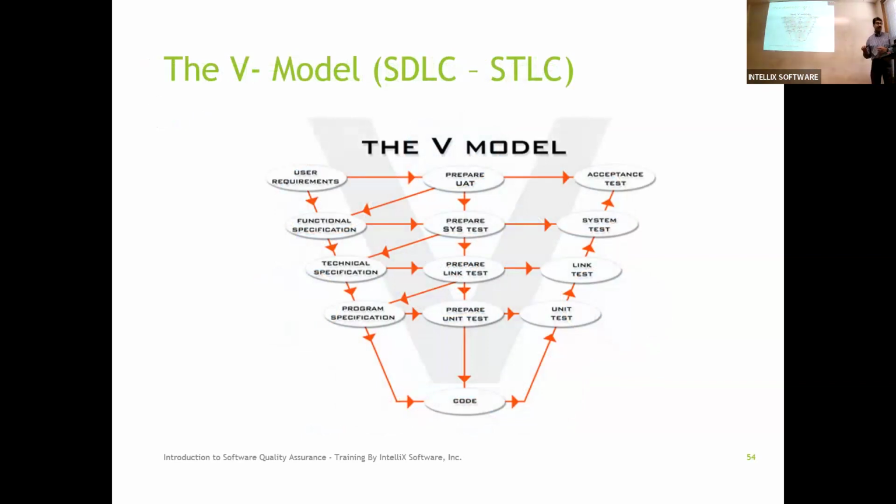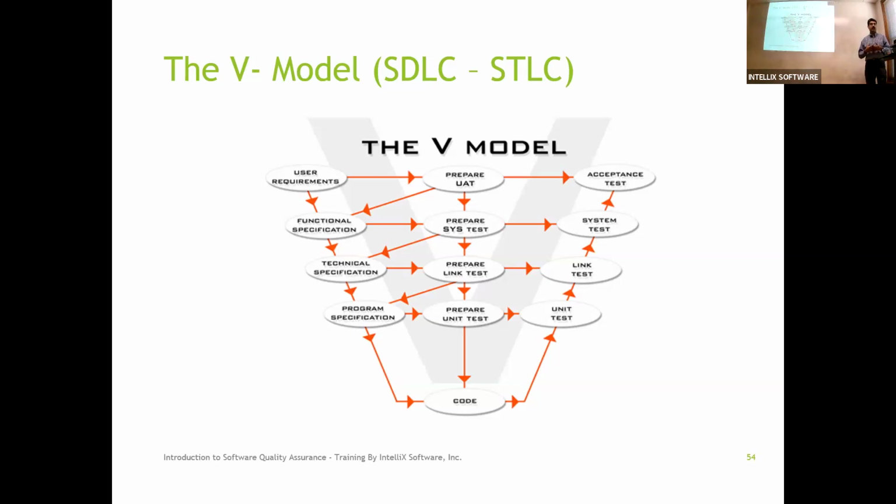Here's another view of how things map between the software development lifecycle and software testing lifecycle. So think around R4, right, where you read it. So initially what you get is you get the requirements.